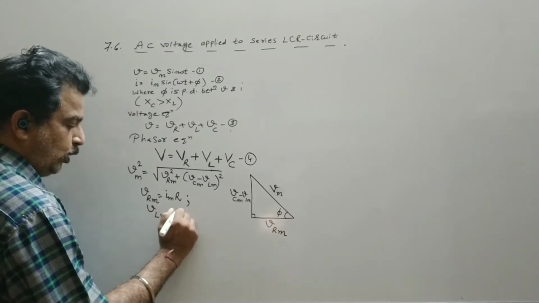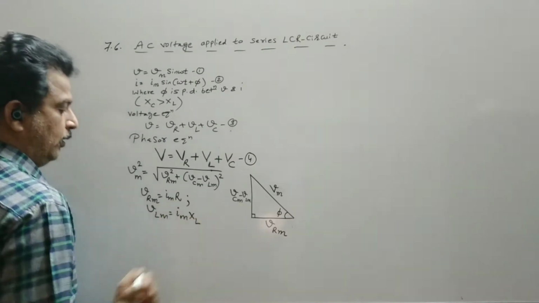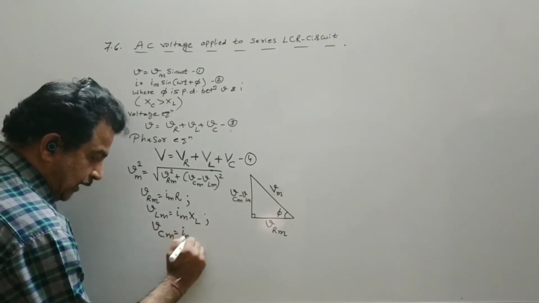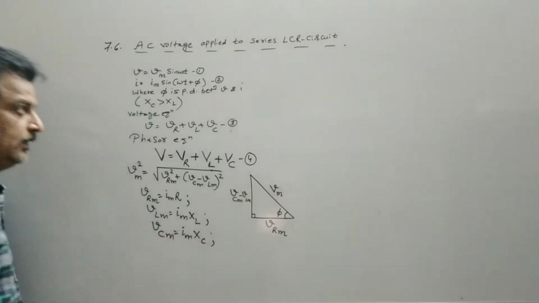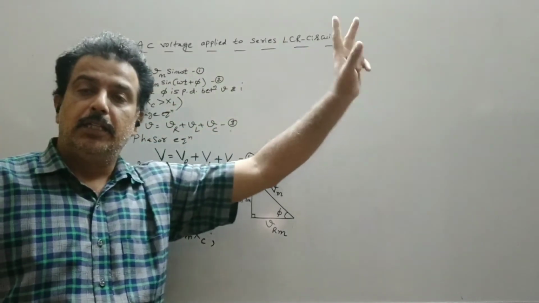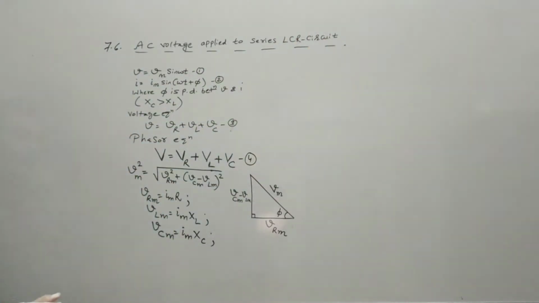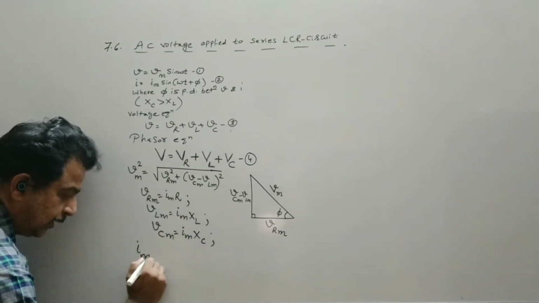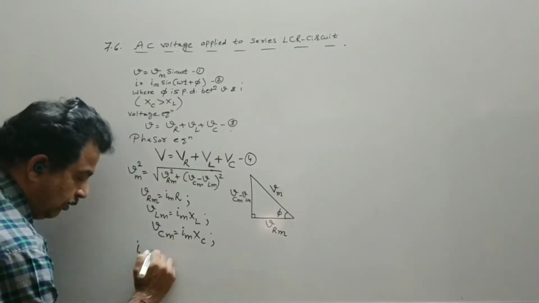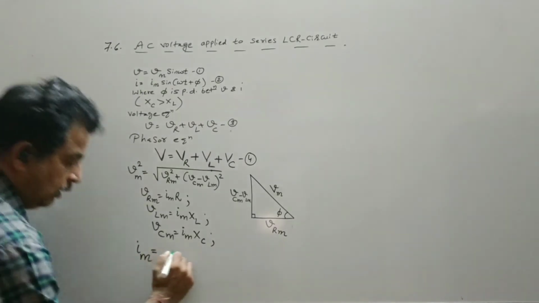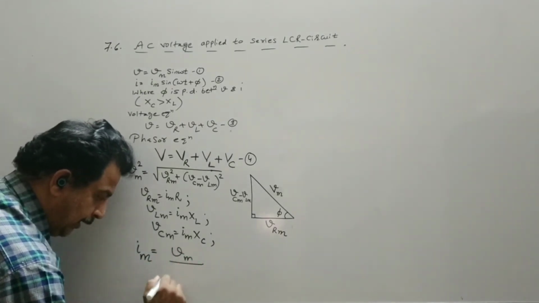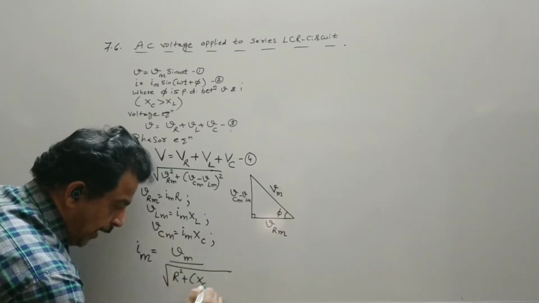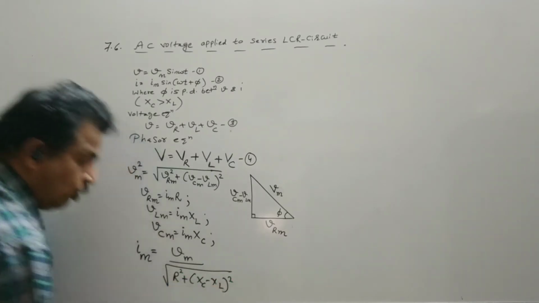VLM was equal to IMXL, then VCM was equal to IMXC, because in a series LCR circuit the current remains constant. Then we substituted all these values and found that Im was equal to Vm divided by the square root of R square plus (XC minus XL) whole square.